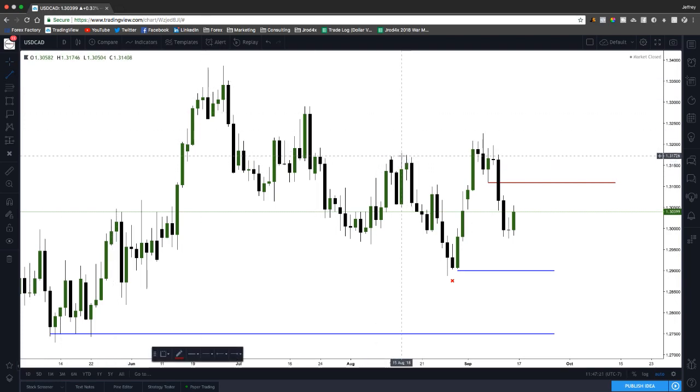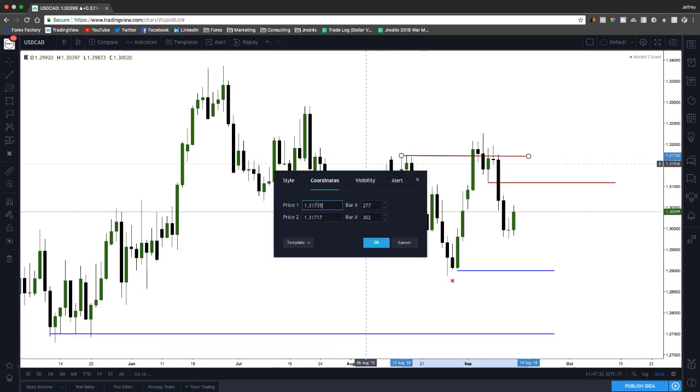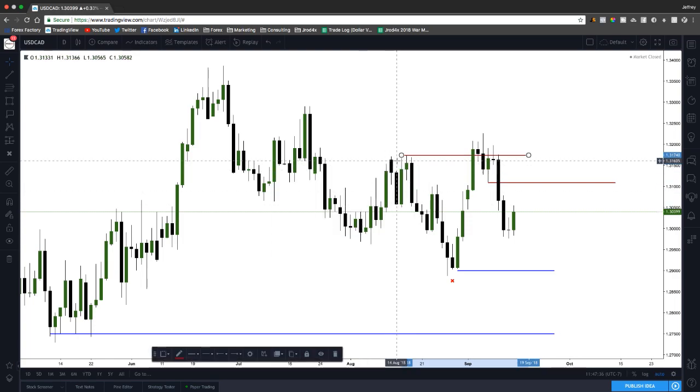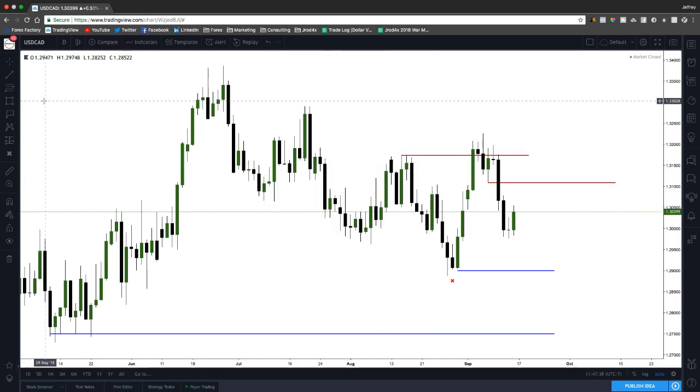I just don't have a lot of reasoning to want to trade this pair. I'd prefer just to analyze until something clearer sets up, because in my opinion, the only majors that look clear to me right now are GBP USD and Euro USD.